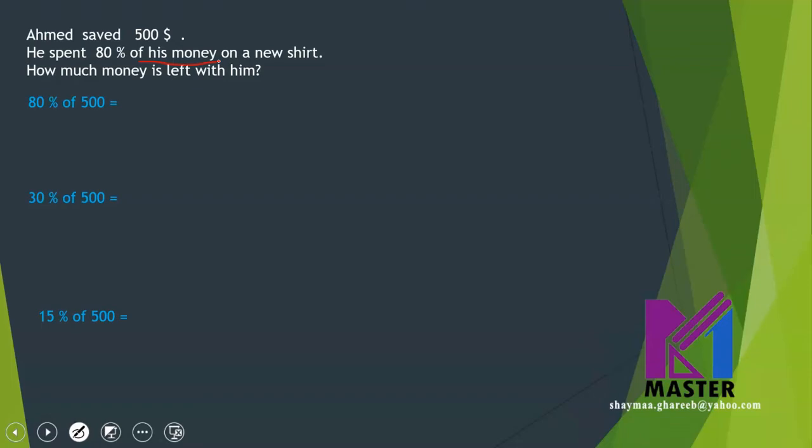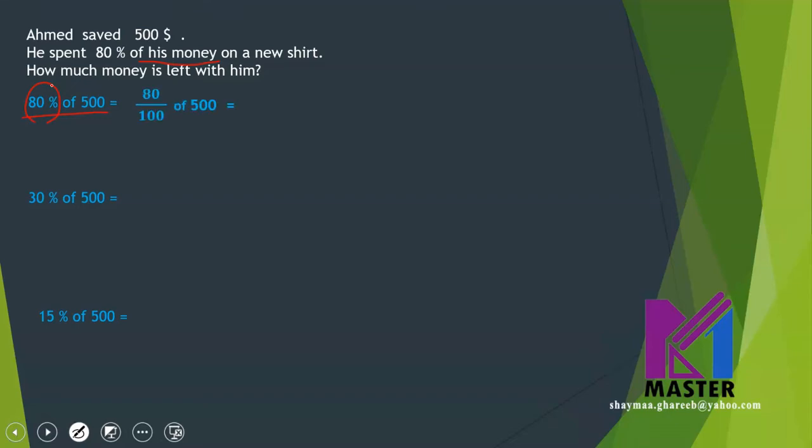So first I need to calculate how much money he spent on the shirt. So 80% of 500, do you remember the 80% is? Yes, 4/5 or 80 over 100. The one you like, you can do it. Both are correct.